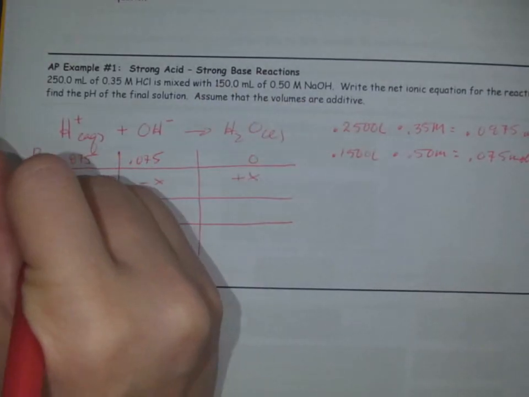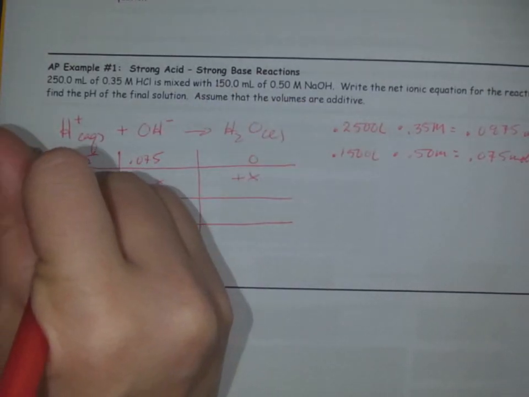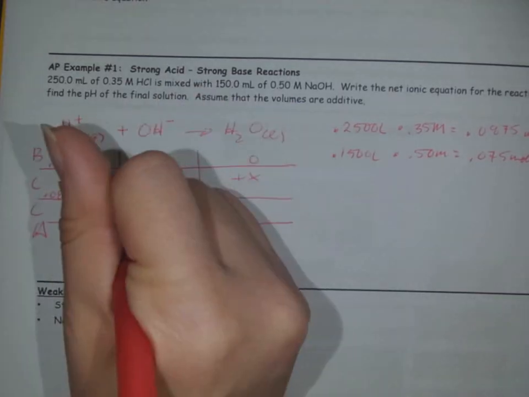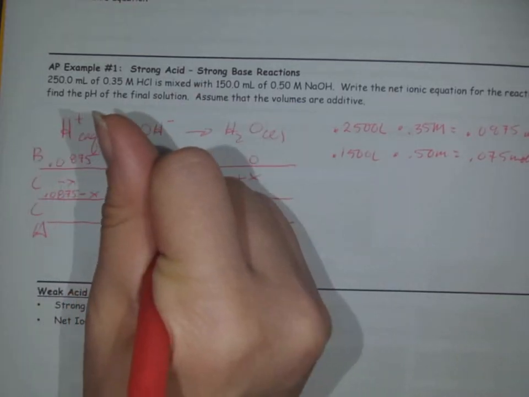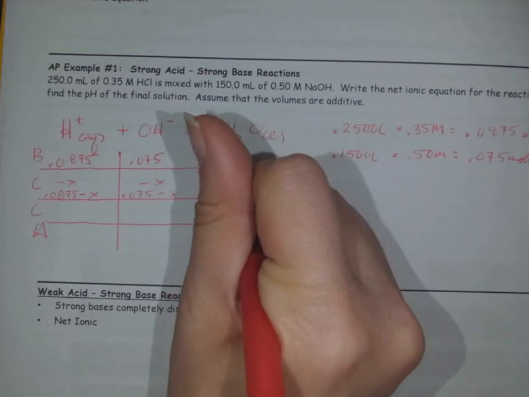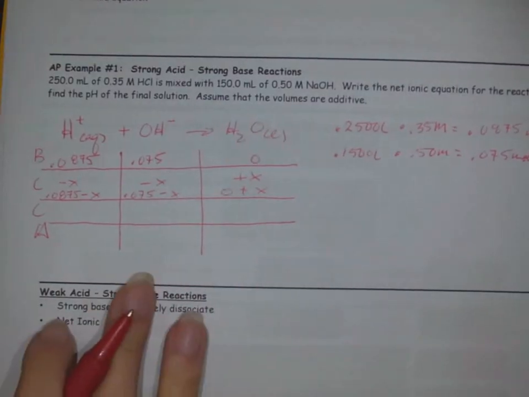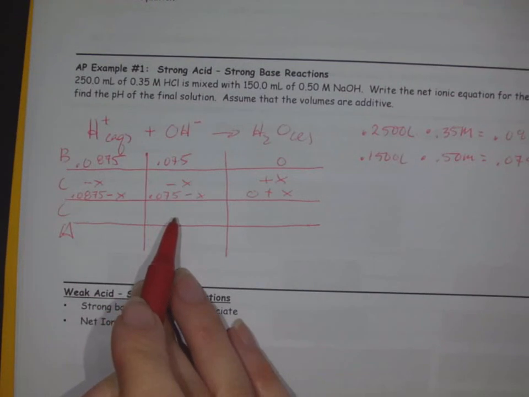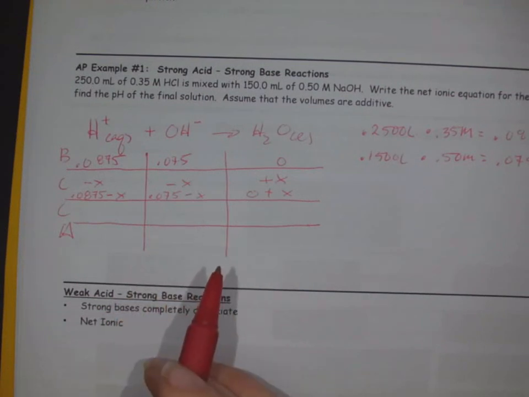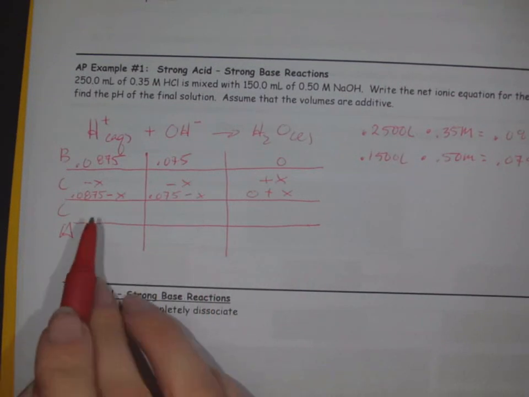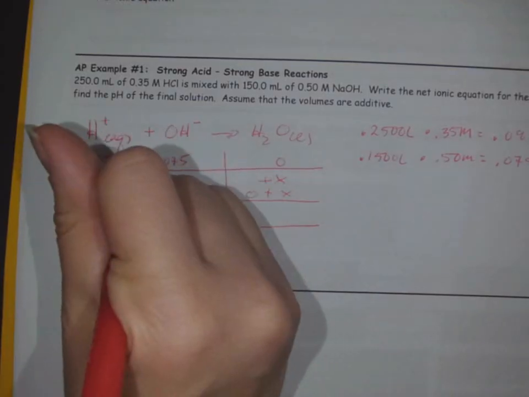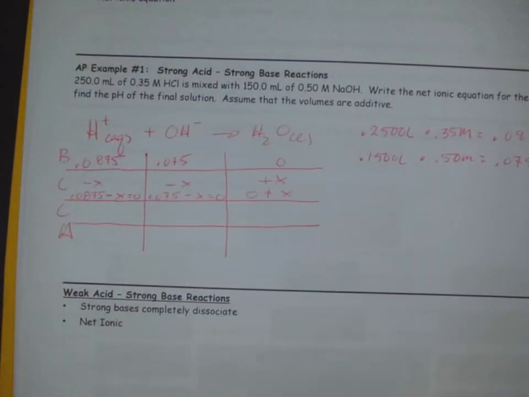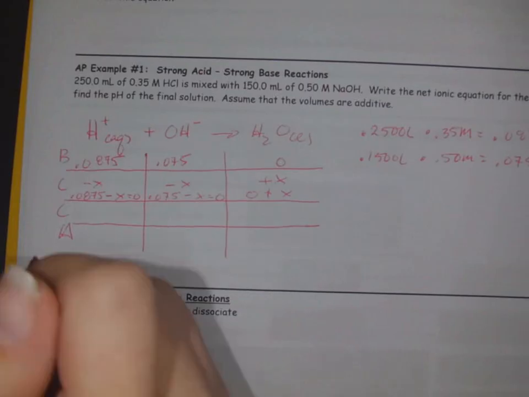So we have 0.0875 minus x and 0.075 minus x and a 0 plus x. One of these reactants is going to run out first. One of them is our limiting, and we figure out which one by solving for x. We set both of them equal to 0, and then we solve for x.